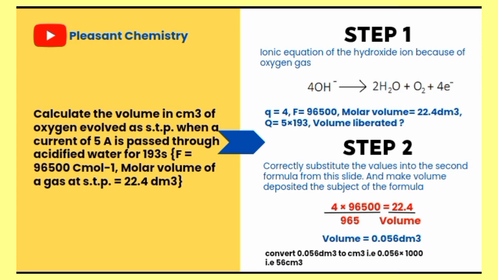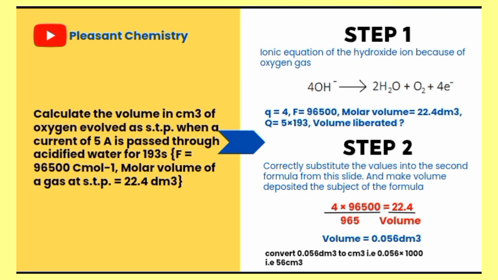Now in this case, we are not going to be using the molar mass of oxygen gas. Rather, we'll be using molar volume, because it is a gas. We don't regard the molar mass of the gas at STP. We'll be applying the molar volume, which is 22.4 dm cube.